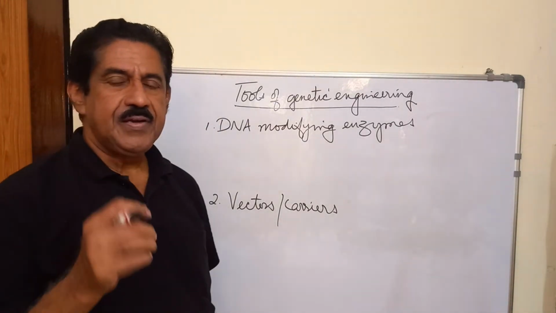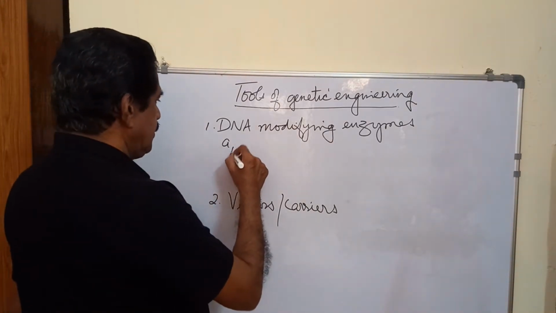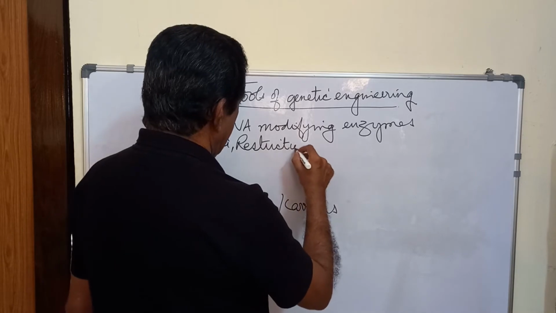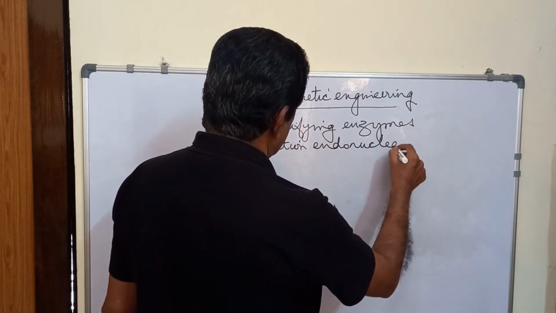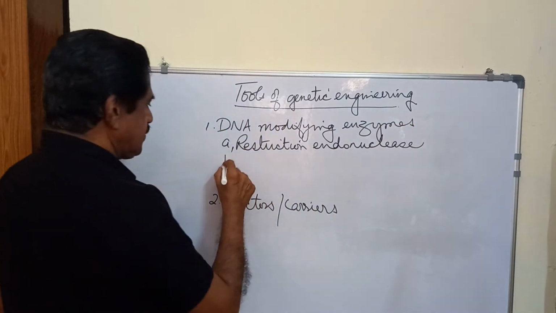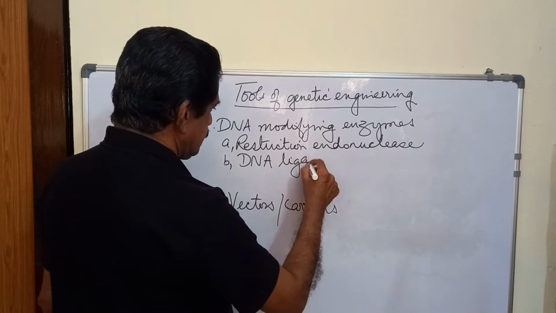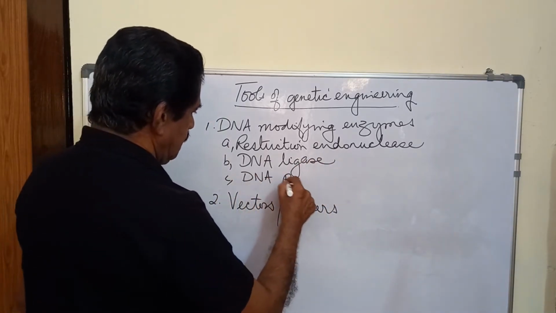We need three different enzymes to do genetic engineering. One is called restriction endonuclease. Second one is DNA ligase. Third is DNA polymerase.